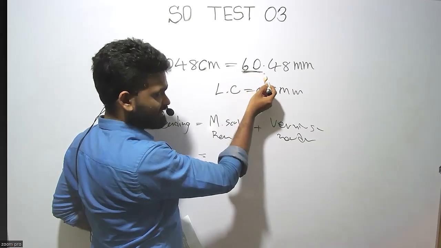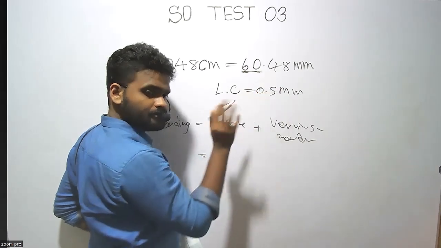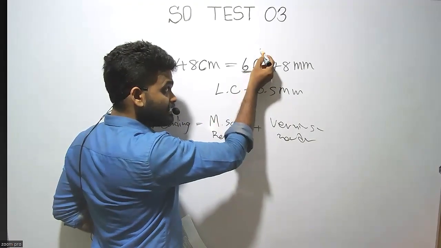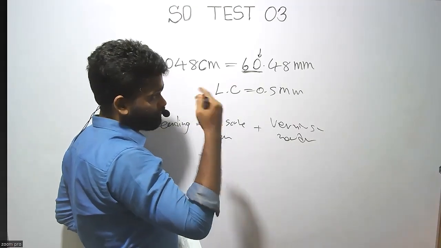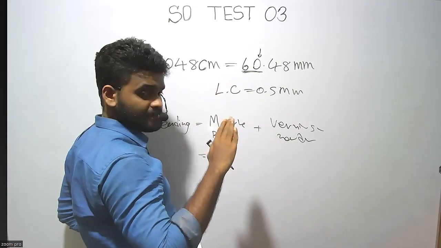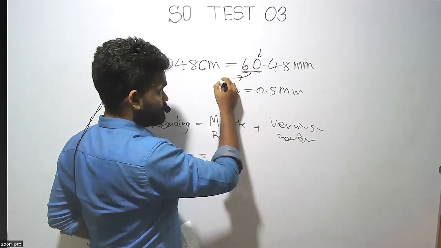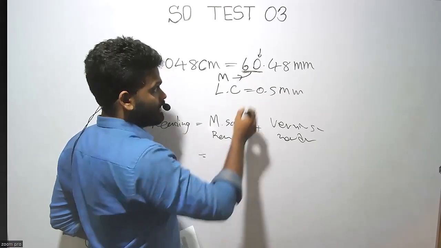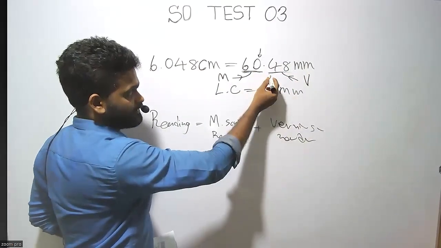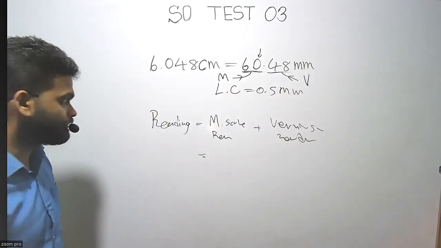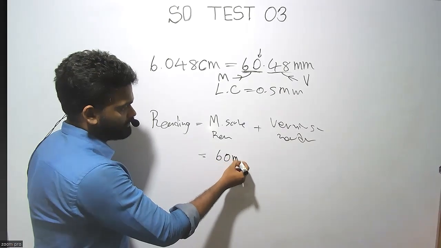Can you measure decimals of millimeters using the main scale? No, right? The least amount you can measure is 1 millimeter only using the main scale. So it is obvious that this part is measured using the main scale, and this part is measured using the vernier scale. That's the first thing you have to remember. So main scale reading is 60, obviously. Let's say 60 millimeters.